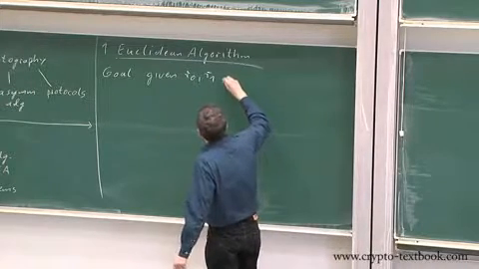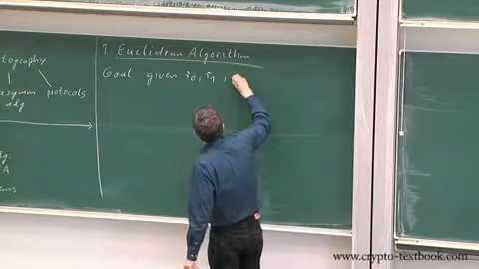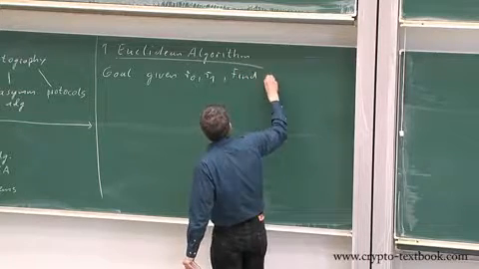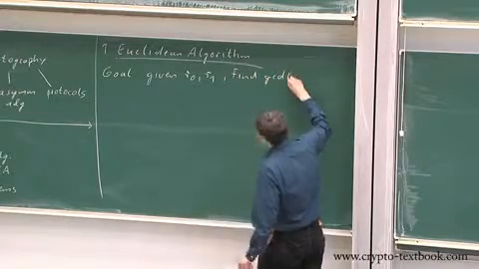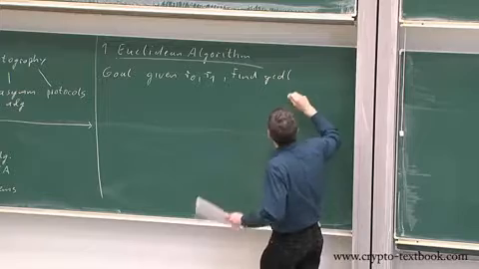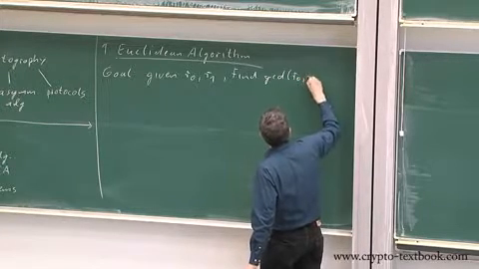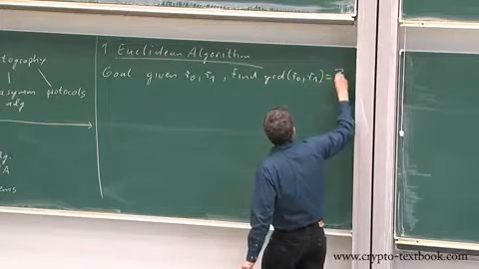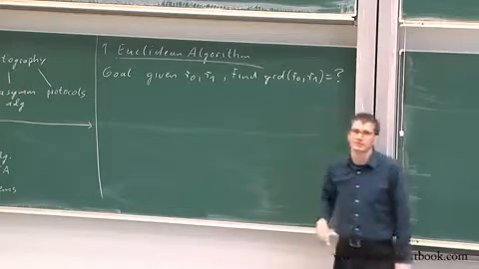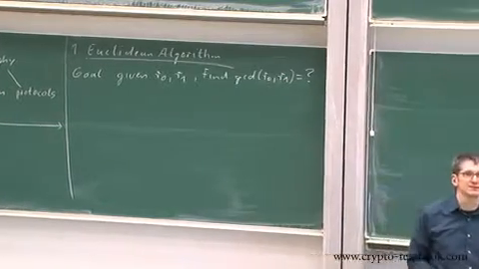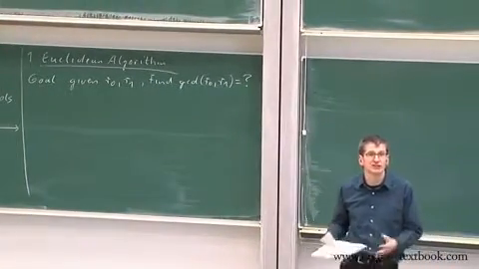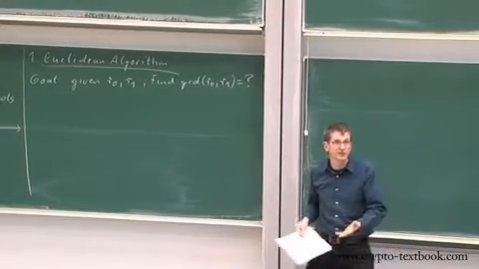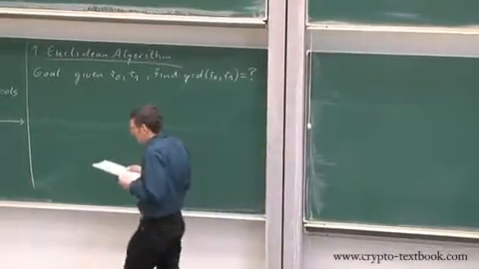If somebody gives you 2 integers, we would like to find the GCD, or GGT in German. So we want to find the greatest common divisor, that means the largest integer that divides both numbers.